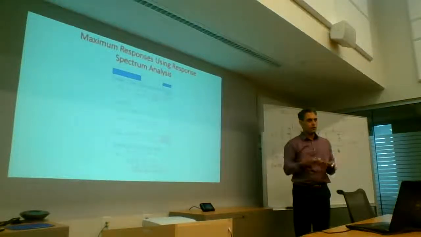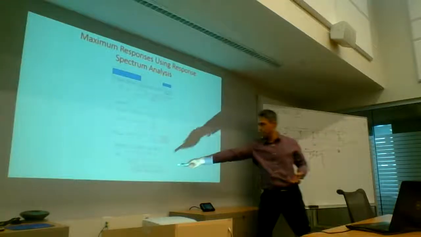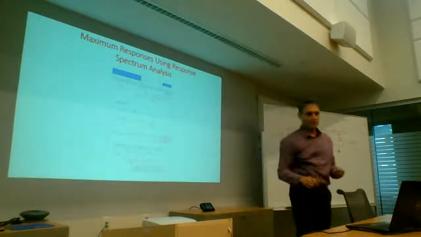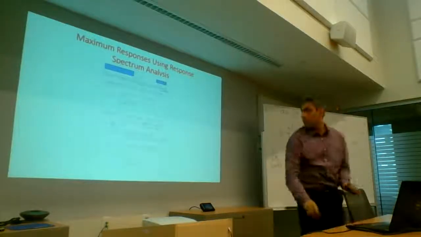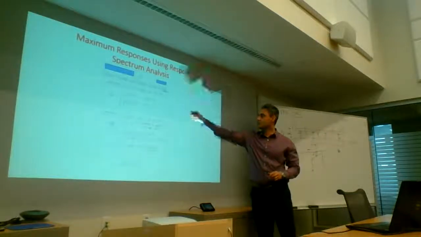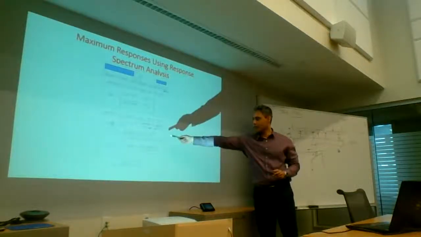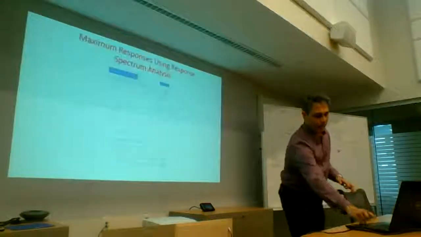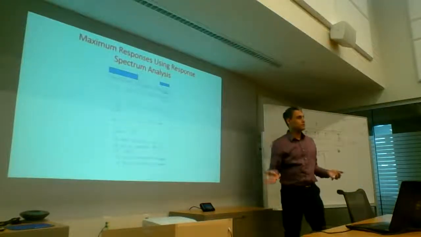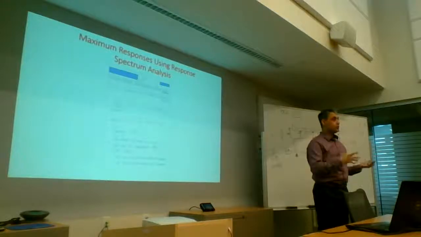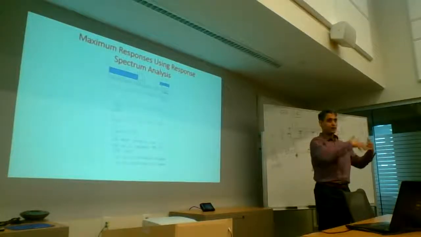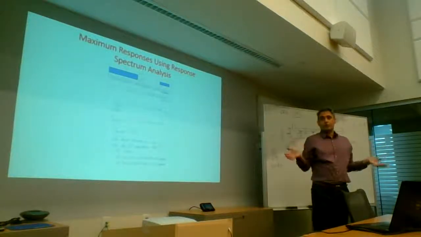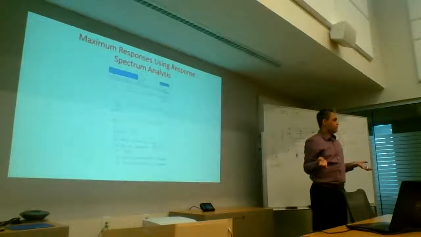I mean, you can add them together by absolute summation, or you can add them with square root of sum of squares, or you can add them with CQC. They all give you very similar numbers. Now, if 2 modes or 3 modes are contributing 30% each, all of a sudden it's going to be a different story.